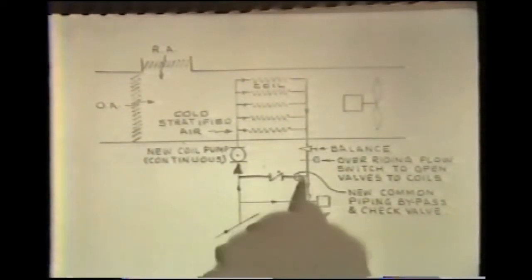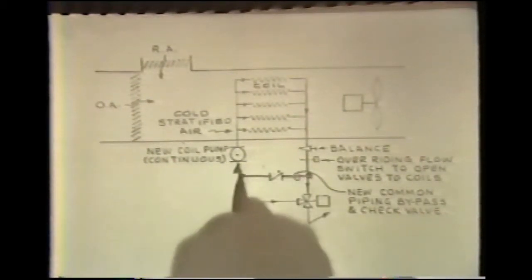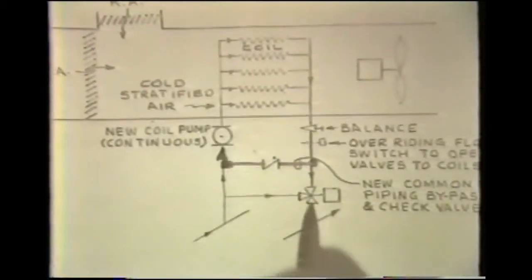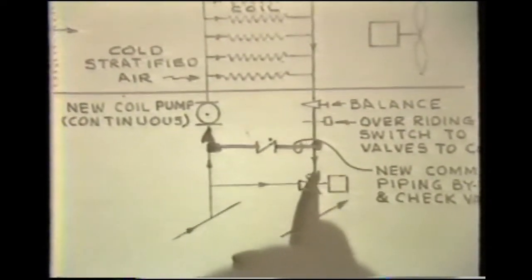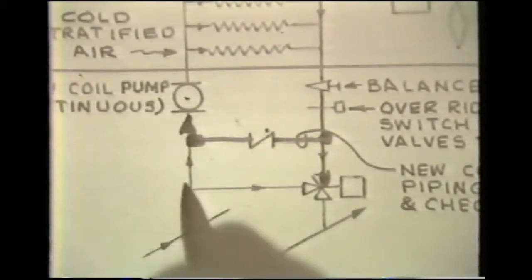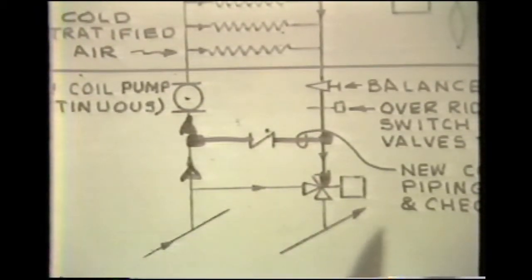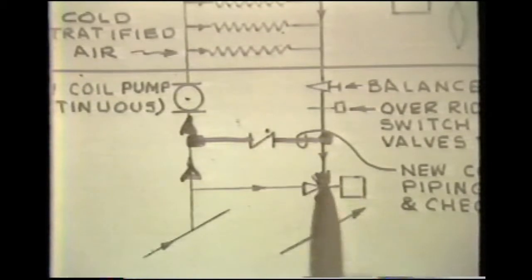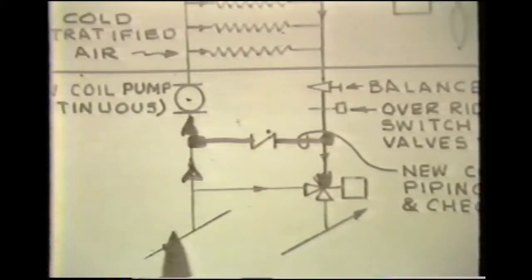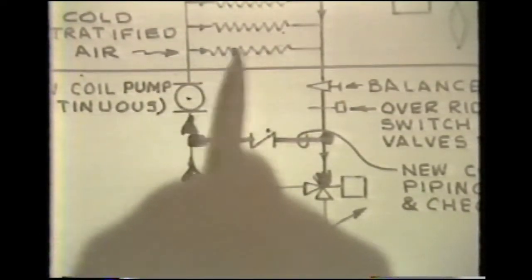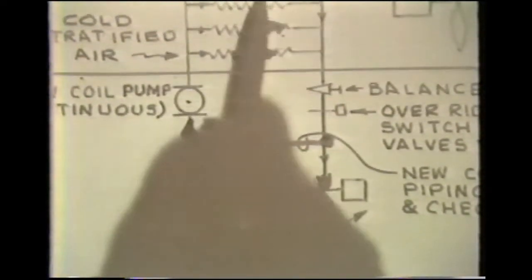And then if we provide a primary, secondary section of common piping to that coil, even though the valve itself closes to the introduction of hot water or cold water into that coil, the fact of closing the valve to flow from the primary distribution system will not affect flow rate being delivered through the coil itself.